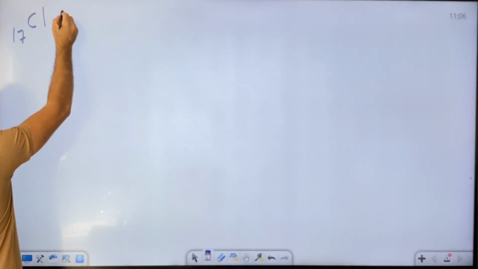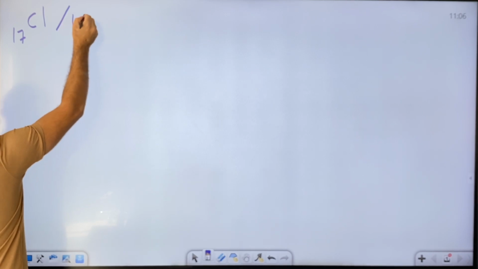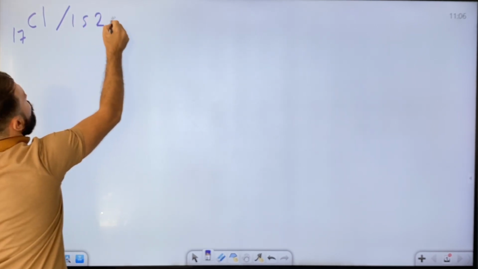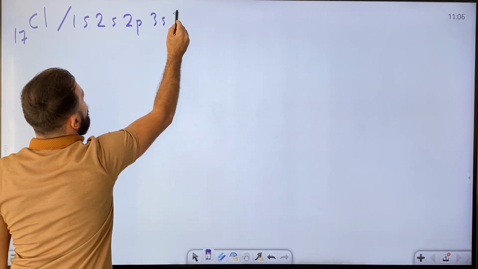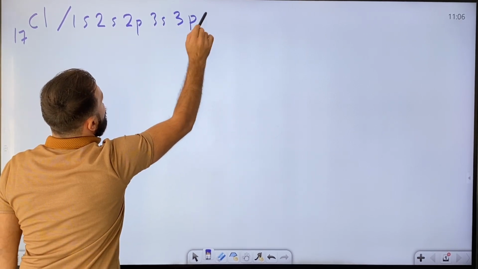First I will write the electron configuration for it: 1s, 2s, 2p, 3s, 3p, 4s.